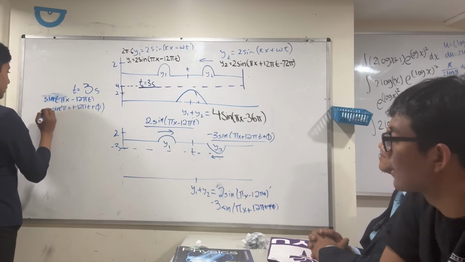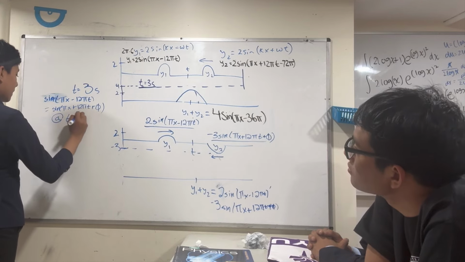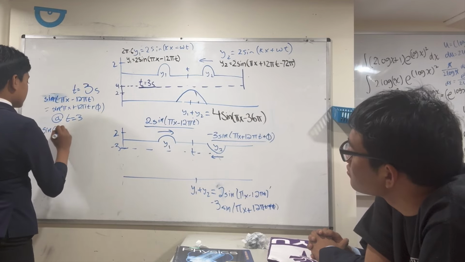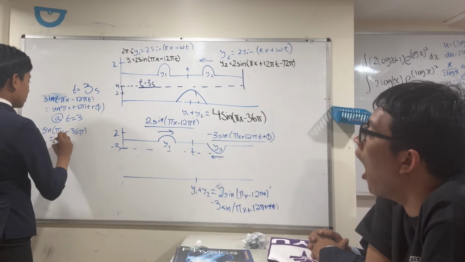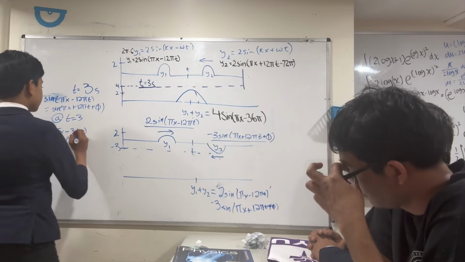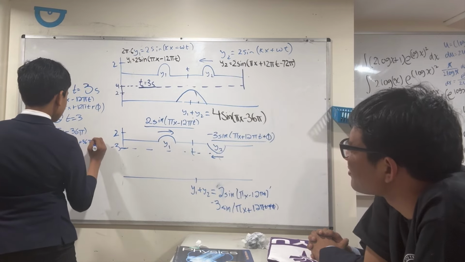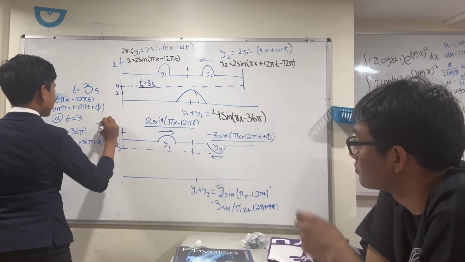So at t equals 3, once we do that, we just get the same exact thing. Now, obviously, for these two to be the same, it's -72 pi.